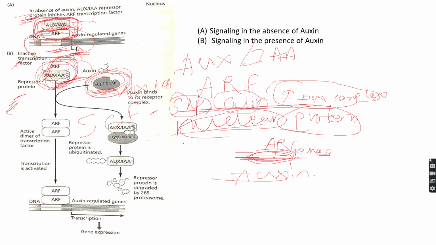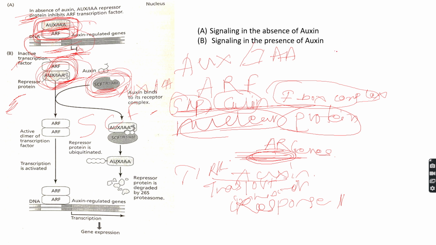Next is TIR1. TIR1 stands for transport inhibitor response 1. And third is ABF, otherwise called AFB.